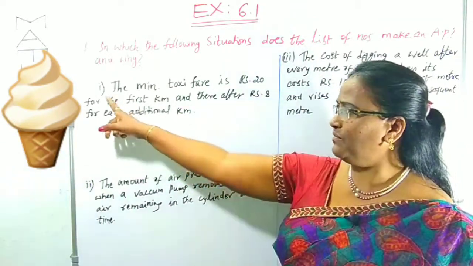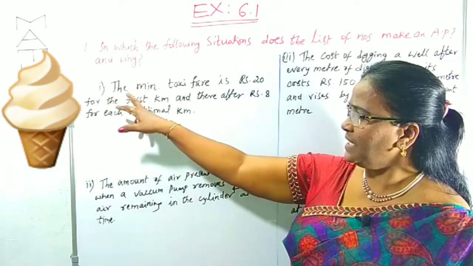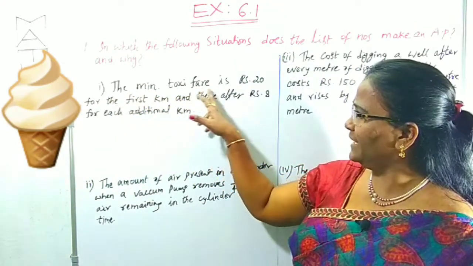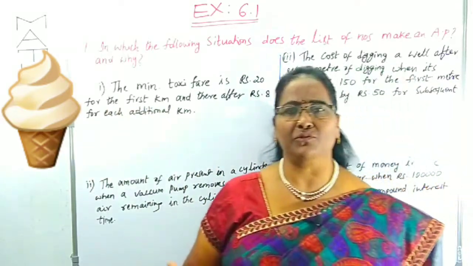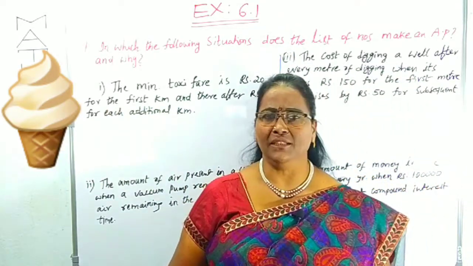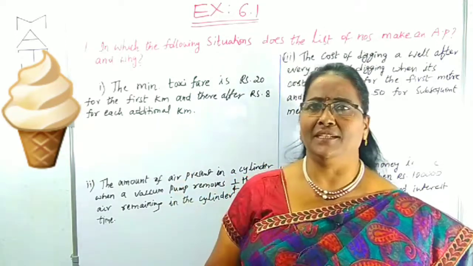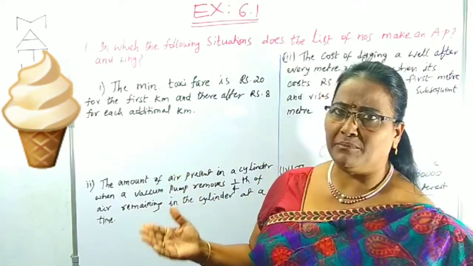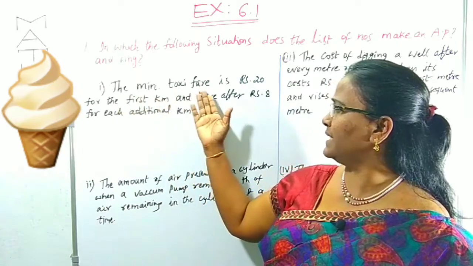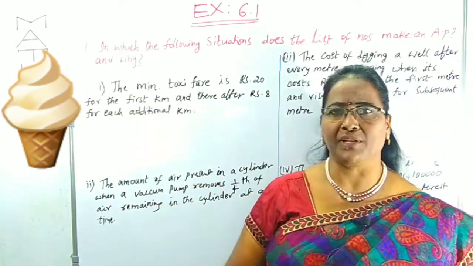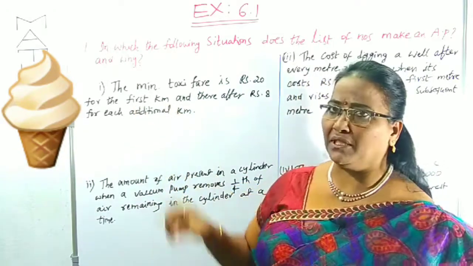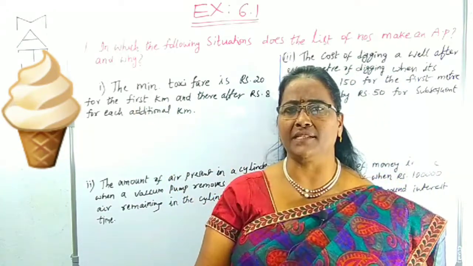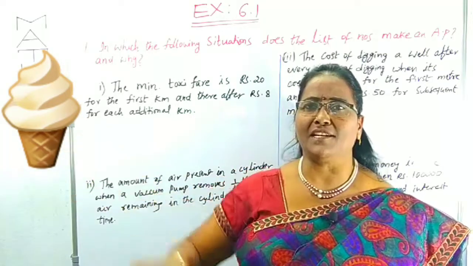Okay, come to the first situation. The minimum taxi fare is ₹20 for the first kilometer. You know very well most of them are traveling by autos like taxi. Taxi fare is given. When you sit in the taxi, maybe auto, they will start the meter.